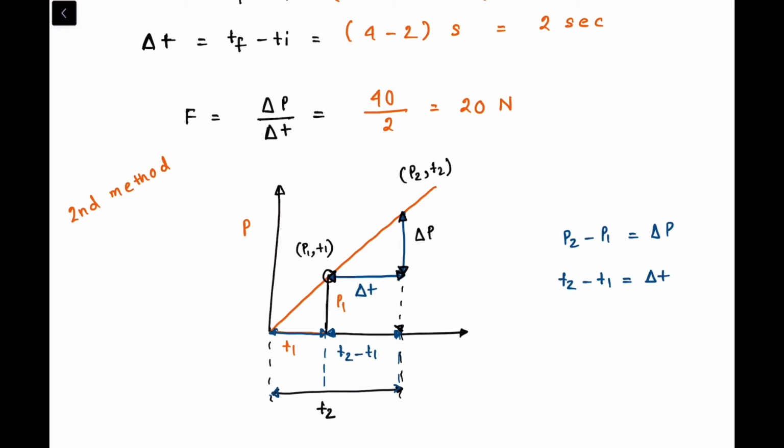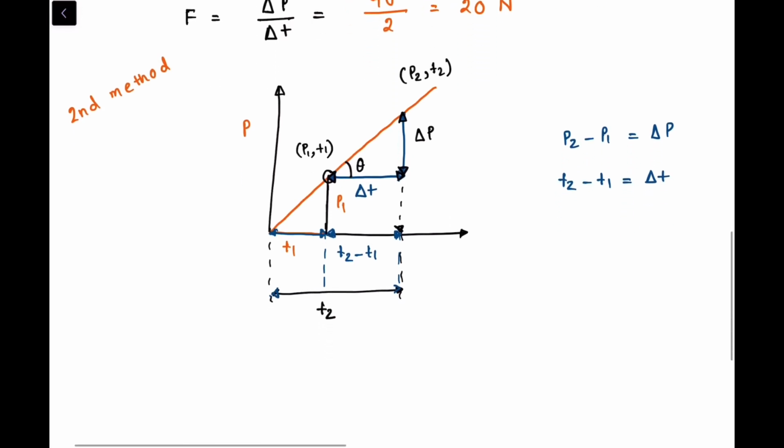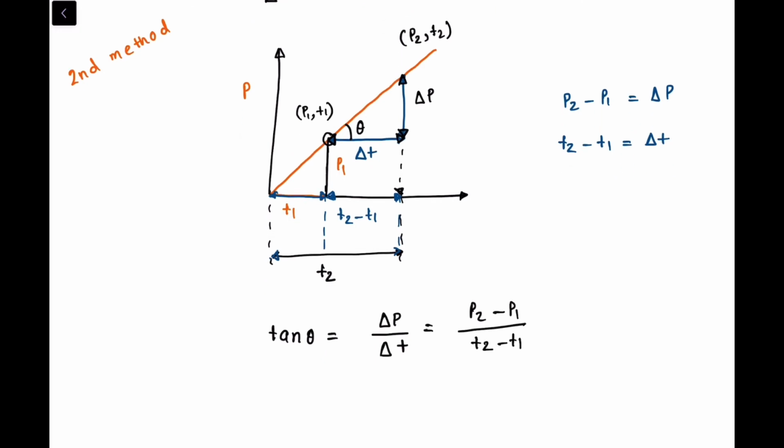Suppose this angle is theta. From the triangle, can I write that tan theta is equal to delta P divided by delta T, which is nothing but P2 minus P1 divided by T2 minus T1? I can always write this.